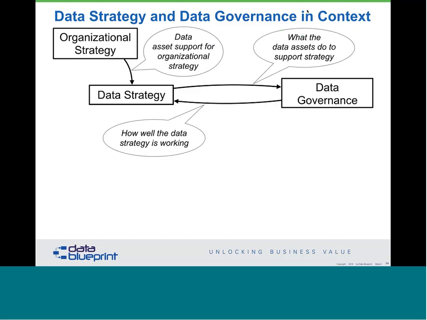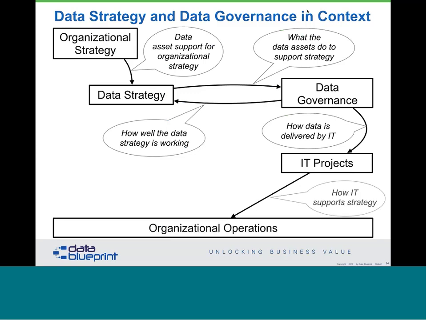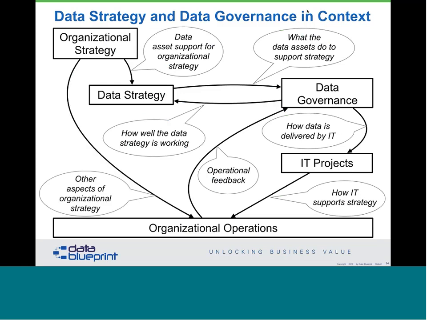So this is information architecture at its best, which means that the focus of data governance has to be on improving aspects of the organizational data architecture. That then becomes a necessary but insufficient prerequisite for successful IT project delivery, which means organizational operations are impacted that way. We also, of course, want to have good feedback loops in there in order to take a look at the whole entire process.